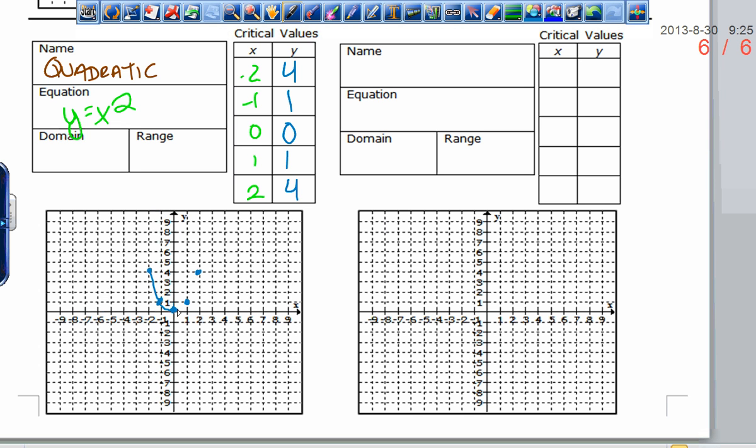What's this shape called again? What do I need to be sure I put at the end of my graph? All right, what's the domain then?